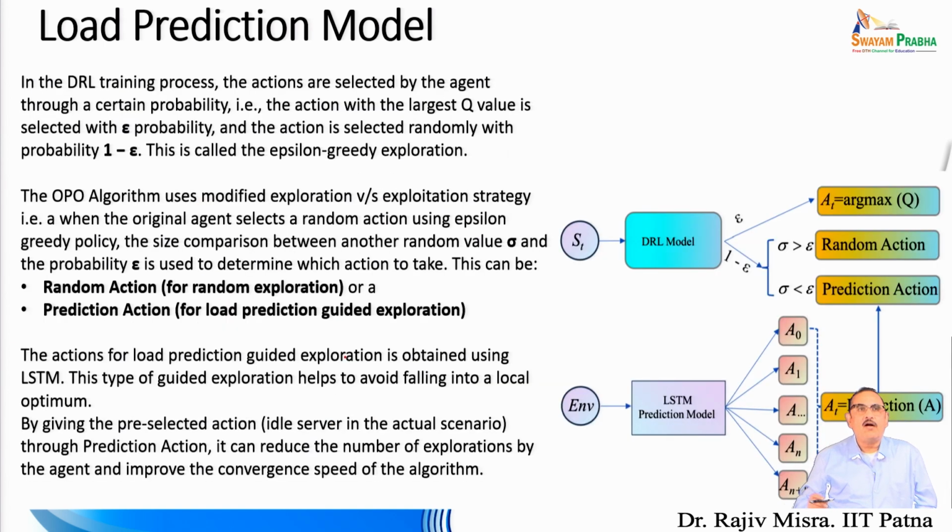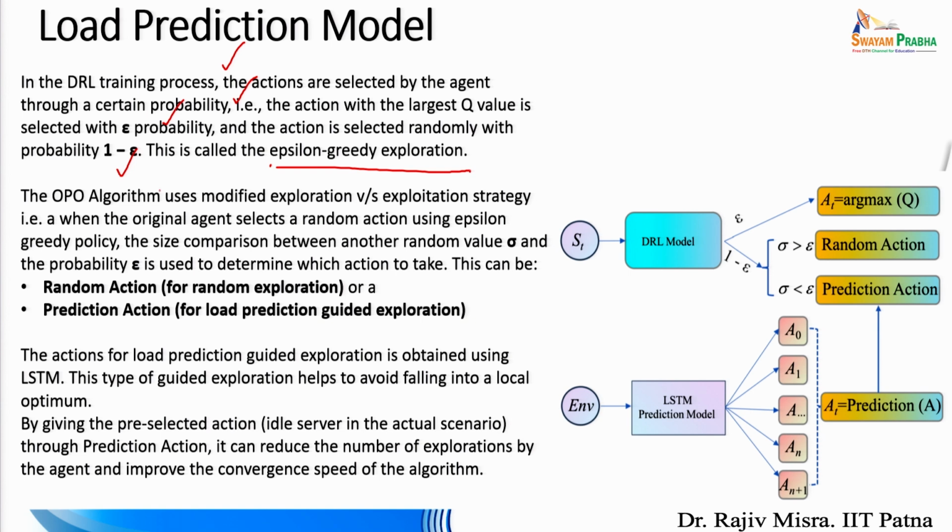With the load prediction model in the DRL training process, the actions are selected by the agent with a certain probability: the action with the largest Q value is selected with the probability epsilon, and the action is selected randomly with the probability 1 minus epsilon. This is called epsilon greedy exploration in deep reinforcement learning.